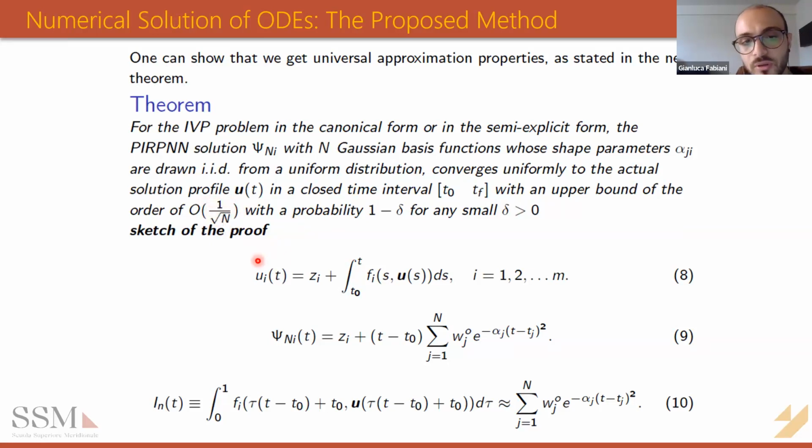And the proof is simple because if you think of the integral form of the solution and of the trial function that we are looking for, you can see that the difference will cancel this. And actually the neural network is not approximating the solution in this case, but is approximating the Lipschitz integral. So this actually turned out to be a Monte Carlo quadrature method. So this is why we get this convergence.